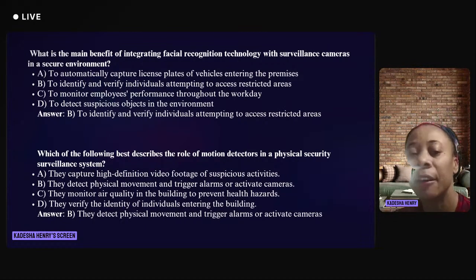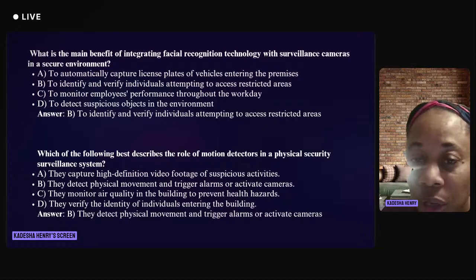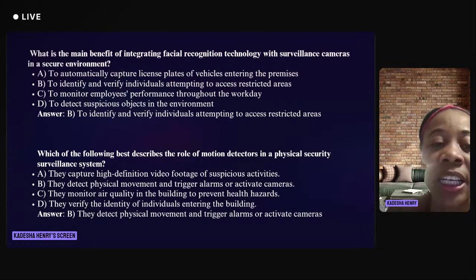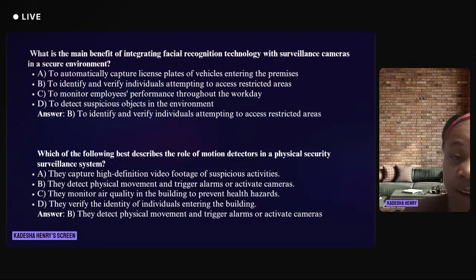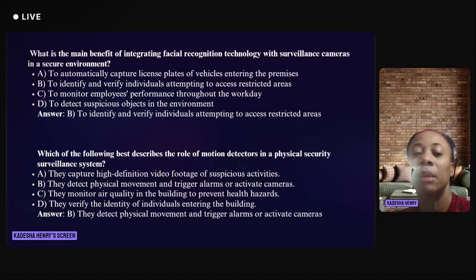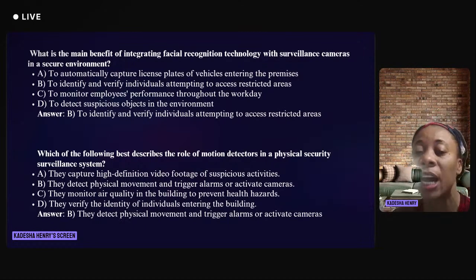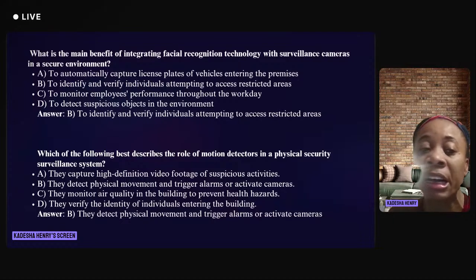What is the main benefit of integrating facial recognition technology with surveillance camera in a secure environment? Is it A, to automatically capture license plate of a vehicle entering the premise? B, to identify and verify individual attempting to access restricted area?